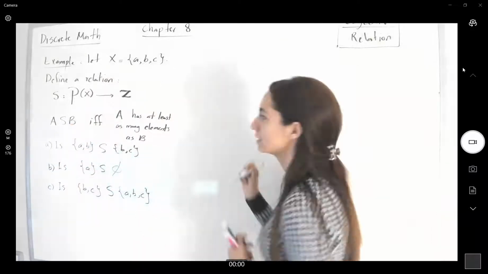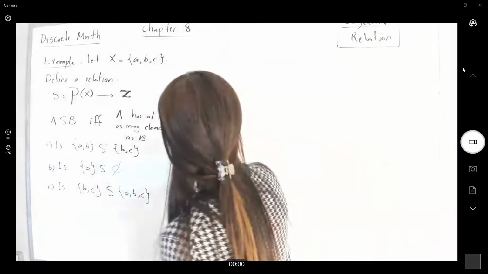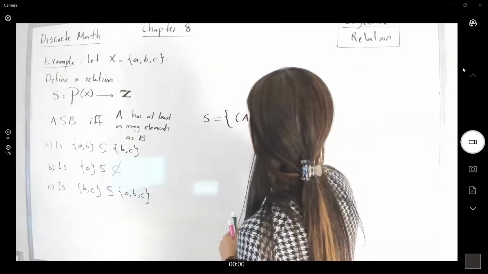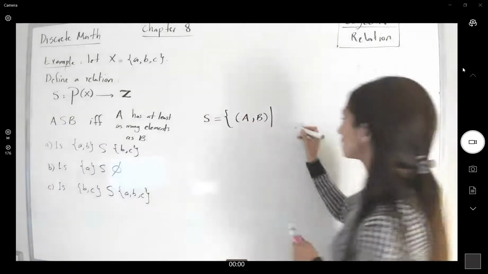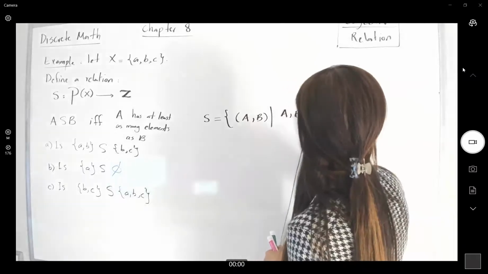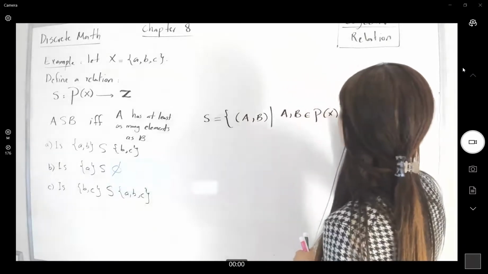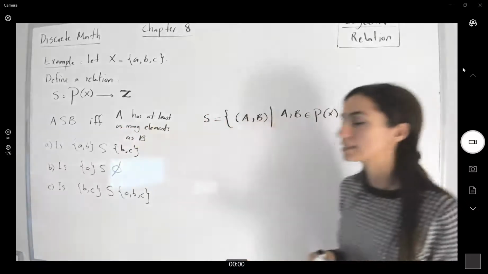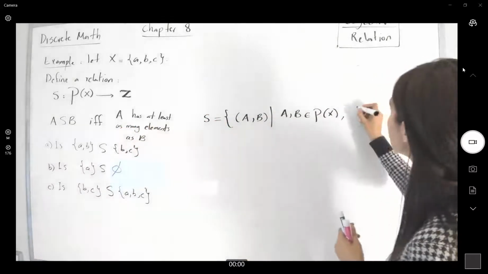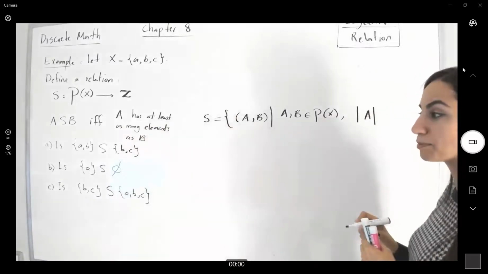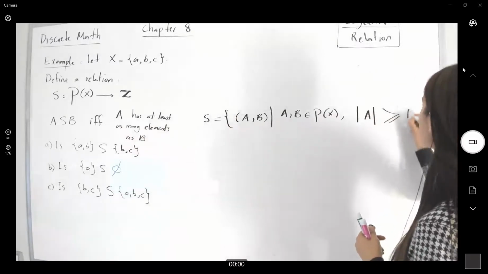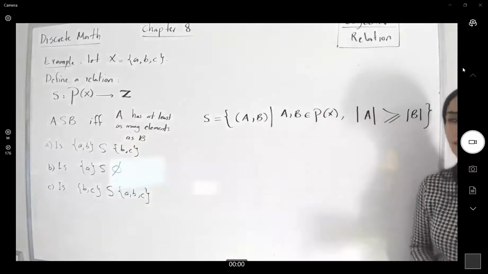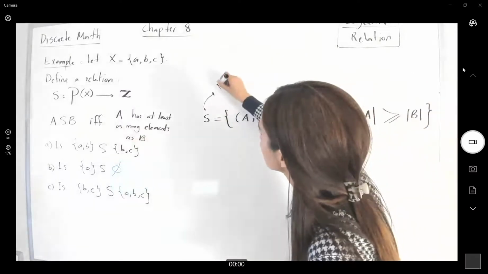We define S to be the set of all sets A and B such that, first of all, they both belong to the power set of X, and A has at least as many elements as B. It means that the cardinality of A must be greater than or equal to the cardinality of B. This is the way that we can represent this relation.